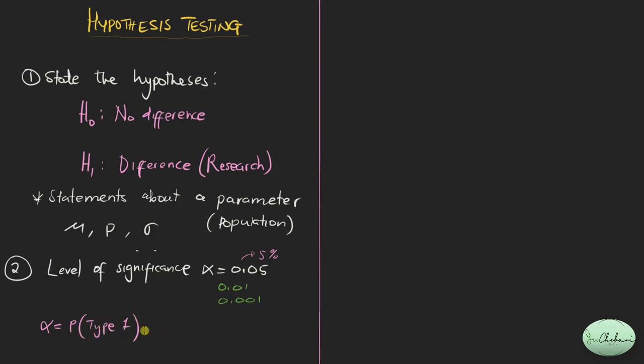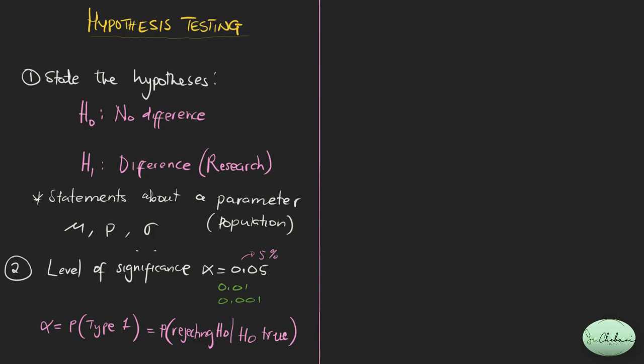A type 1 error is the probability of rejecting the null hypothesis, the one on trial, wrongly, rejecting it given that the null hypothesis is in fact true. So we call that the alpha level.